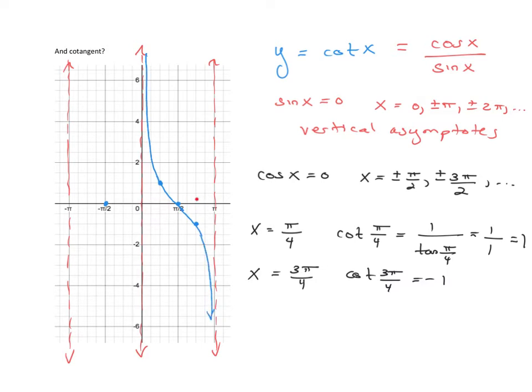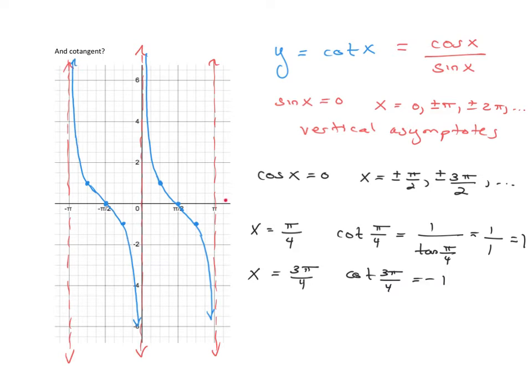And this is one period of cotangent. This will be copy and pasted forever in both directions. So over here, for example, the graph looks really similar. We get these points. The graph has to approach the asymptotes, and so we get something that looks like this.